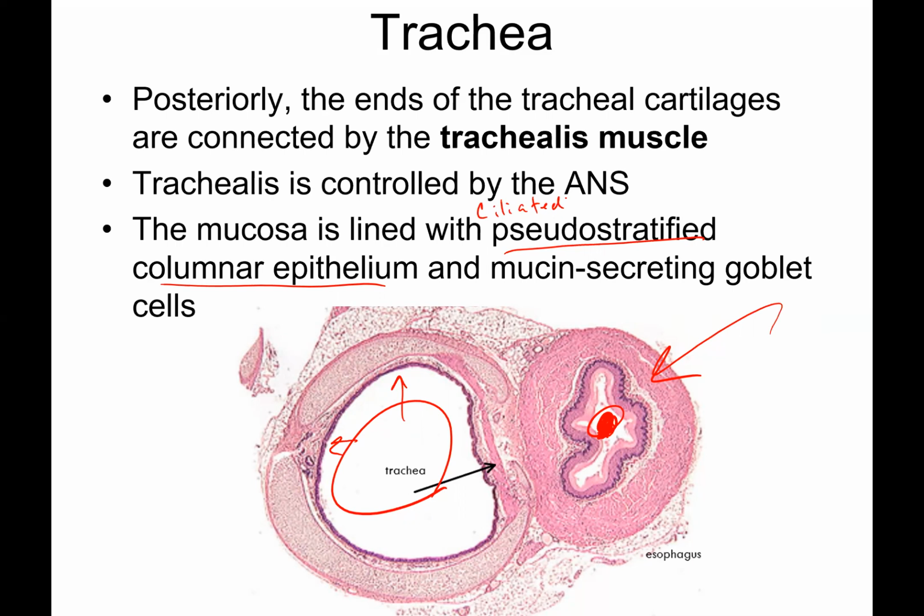You also have goblet cells that secrete mucus. Very important function. It's a big part of your defense system in the trachea. Smoking typically starts to hurt this over time.